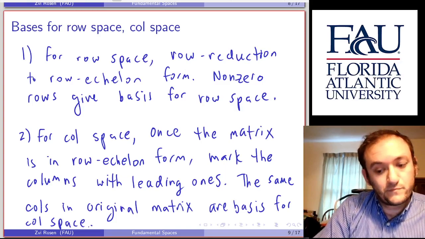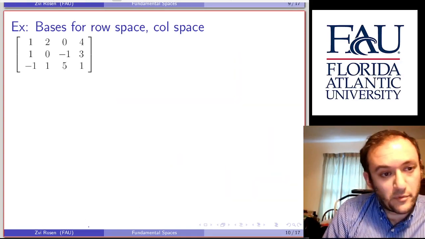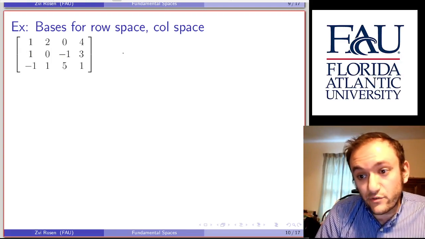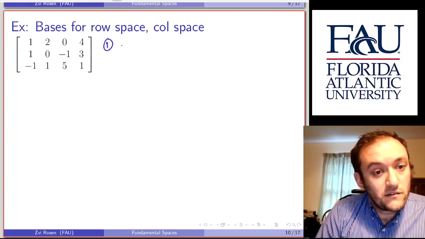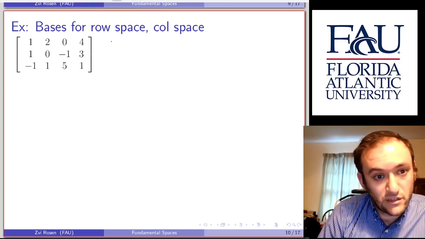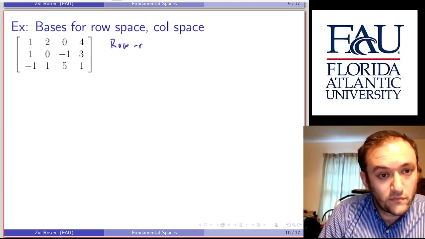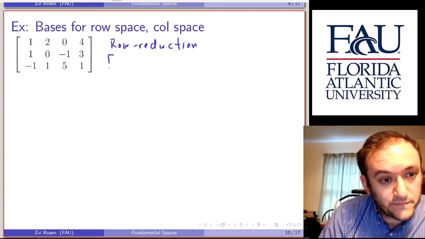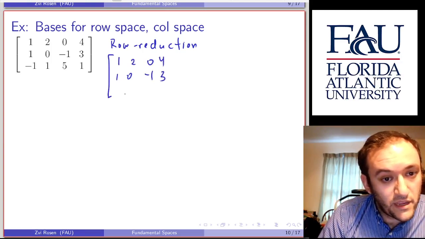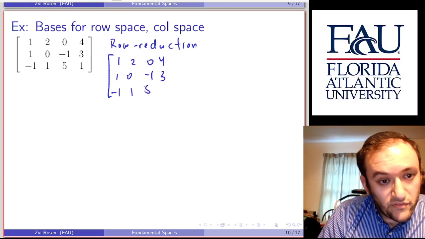Okay. So let's do an explicit example of this. We have a matrix here, and we want to get a basis for the row space and for the column space. For both of these, we're going to do row reduction to row echelon form. So we have 1, 2, 0, 4, 1, 0, minus 1, 3, minus 1, 1, 5, 1.